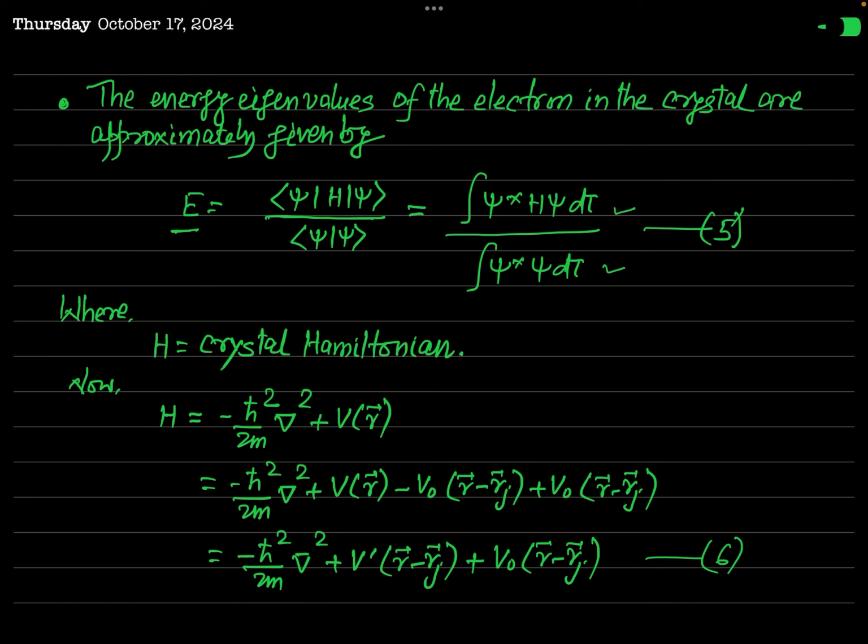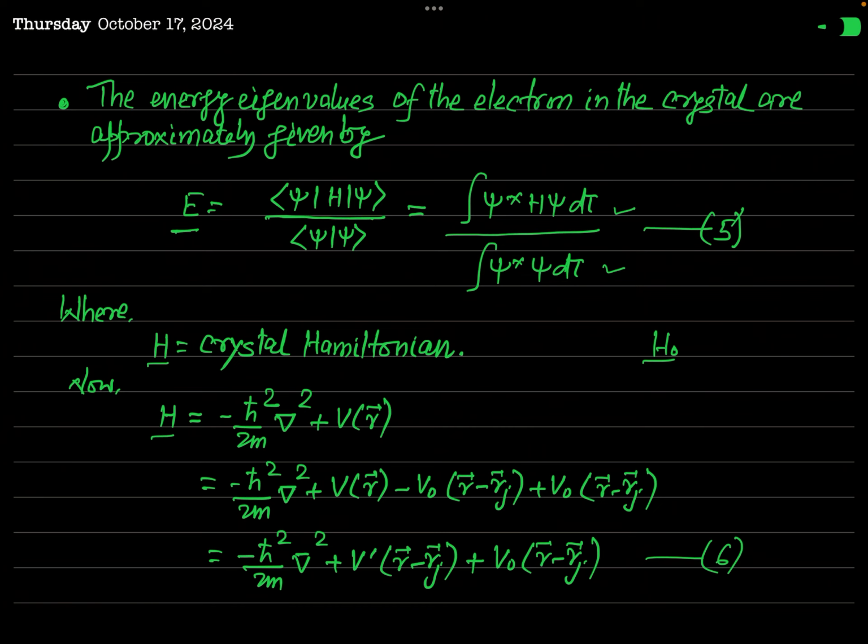Here d tau is the elementary volume. Now H is the crystal Hamiltonian. H naught would be the free electron Hamiltonian, but H is the Hamiltonian for the electron inside the crystal.